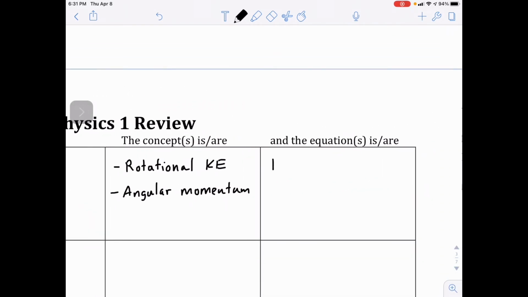Which corresponds to 1/2 I omega squared, and L equals I omega. Now something else that usually has to be applied along with these is v equals r omega. It's the translation between tangential and angular velocity.